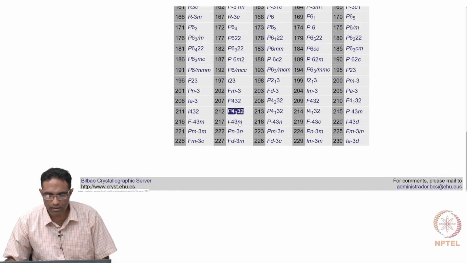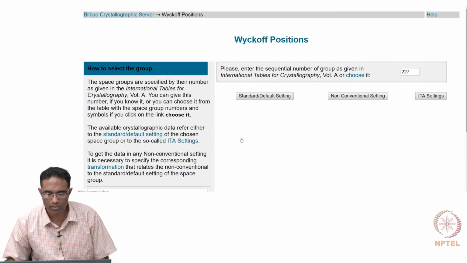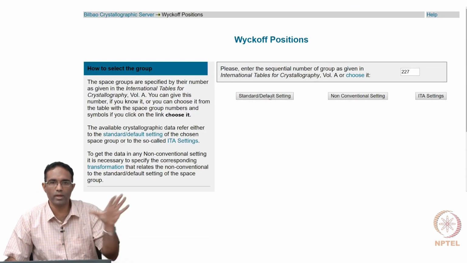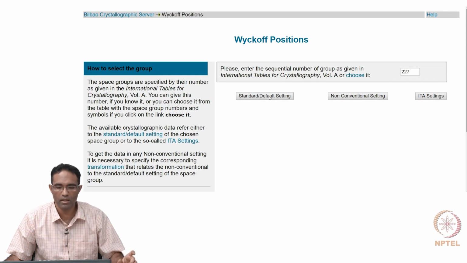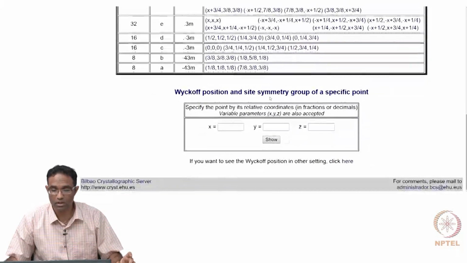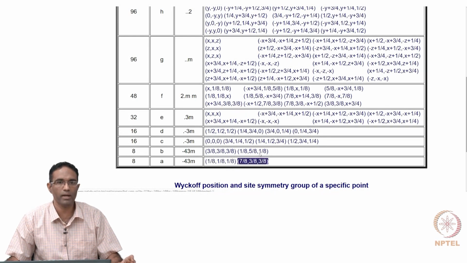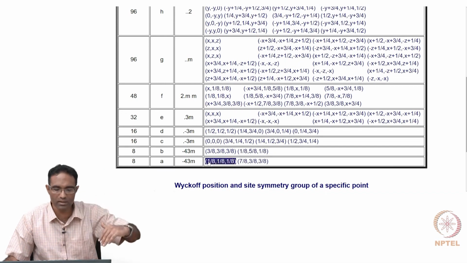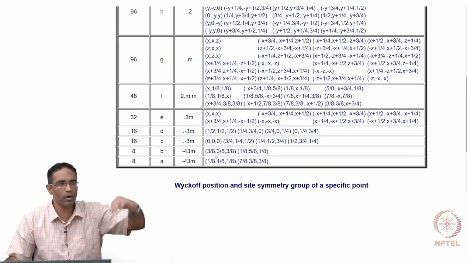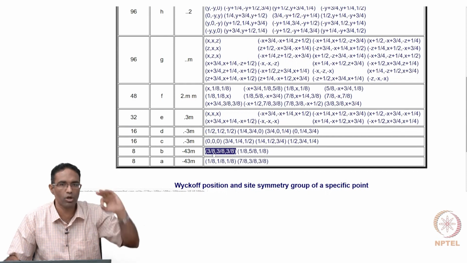So we click Fd3̄m, okay, and then when you click standard default setting, you will get what I got previously, where you would find the atom at 1/8, 1/8, 1/8, 7/8, 3/8, 3/8. Now I want to shift, I want to make this 0, 0, 0. I want the origin to be located right on top of the atom.